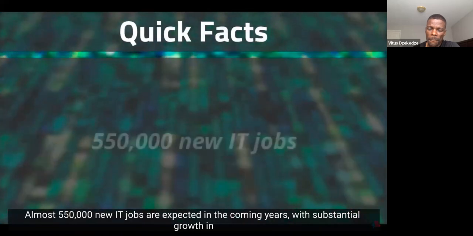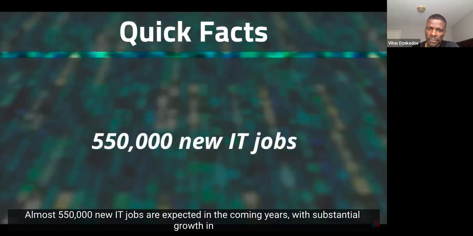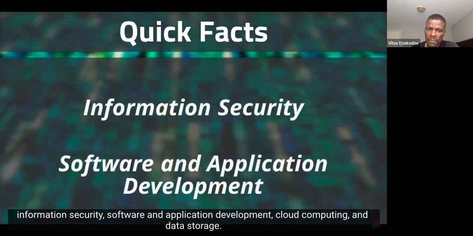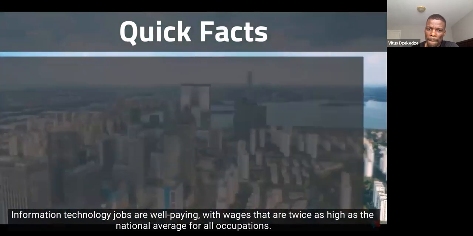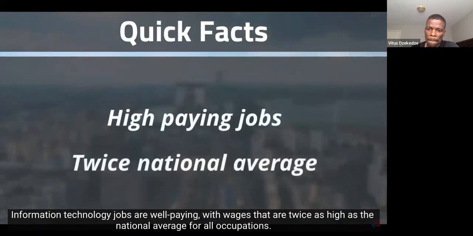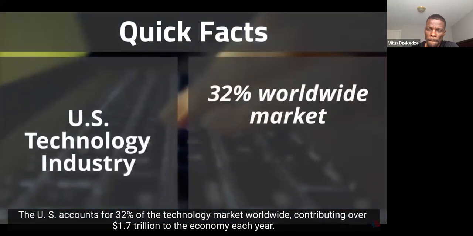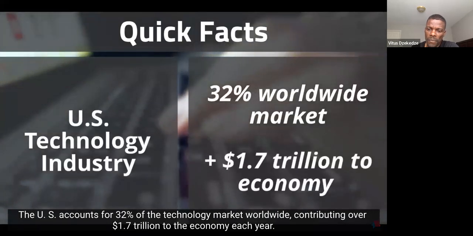Almost 550,000 new IT jobs are expected in the coming years, with substantial growth in information security, software and application development, cloud computing, and data storage. Information technology jobs are well-paying, with wages that are twice as high as the national average for all occupations. The US accounts for 32% of the technology market worldwide, contributing over $1.7 trillion to the economy each year.